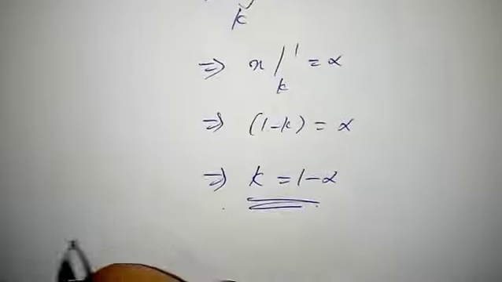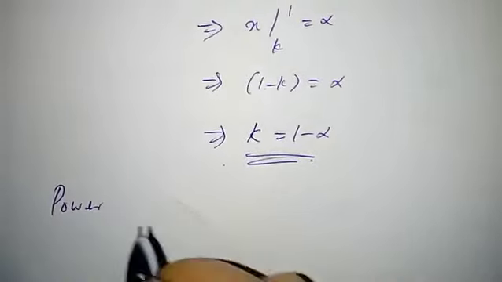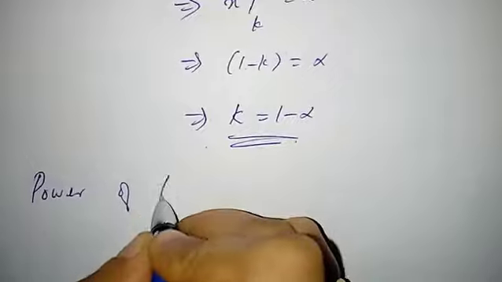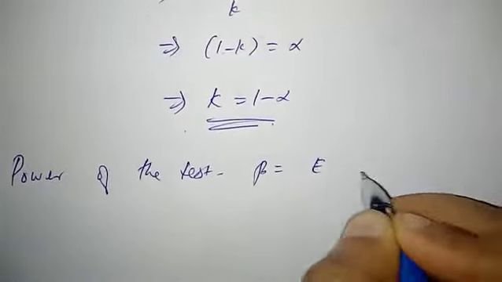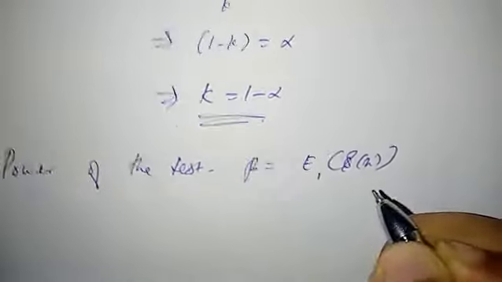Then we have to obtain the power of the test, that is beta equals expectation of phi(x) under H1.